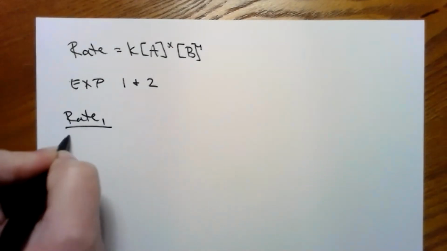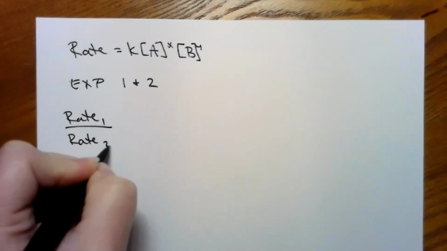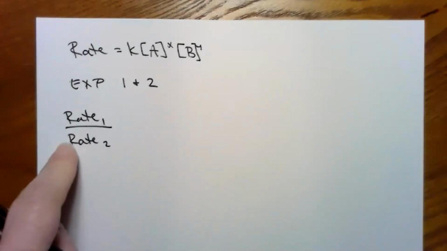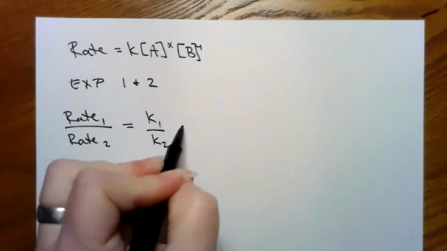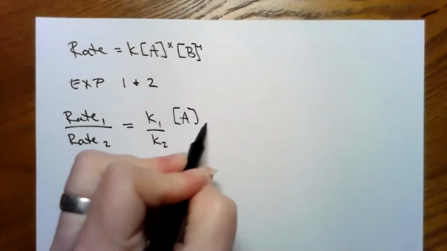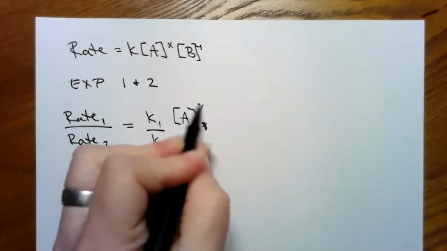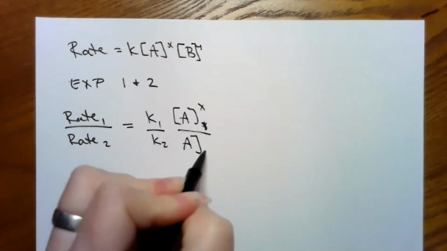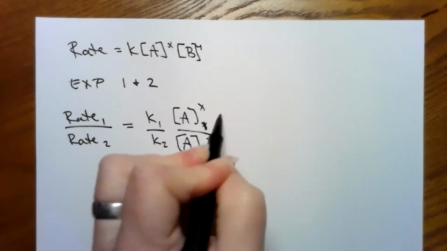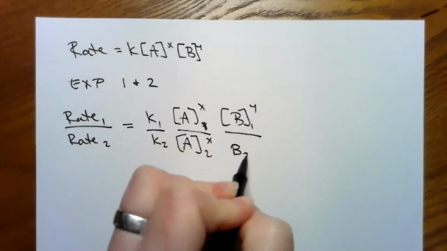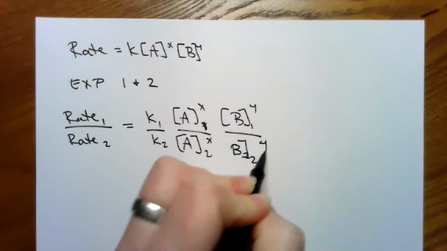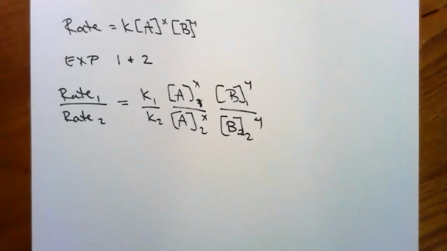The way we're going to do this is we're going to set rate 1 over rate 2 equal to k1 over k2, times A1 to the x over A2 to the x, times B1 to the y over B2 to the y. Yep, bloopers and all.